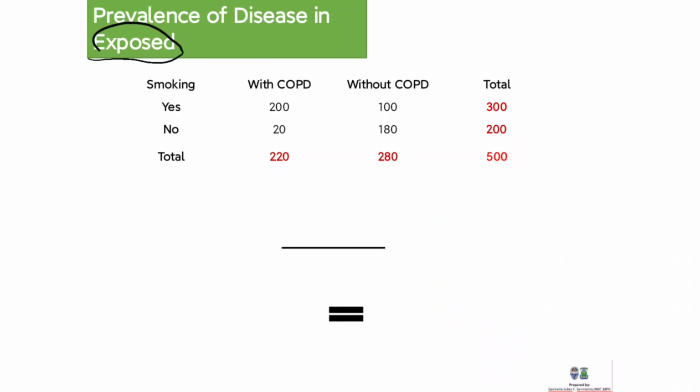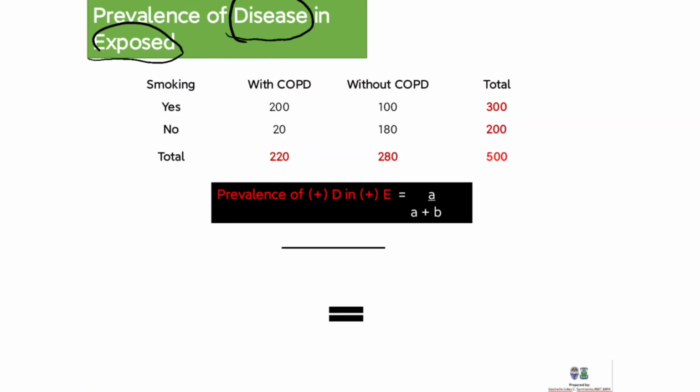Okay? Prevalence of disease in exposed. Okay, so paano kaya yan? So, madali lang yan. Okay, I'll give you 5 seconds to try to analyze it and then continue na tayo. Okay, so ganito yung sagot niyan. So, the prevalence of with disease tsaka exposed.